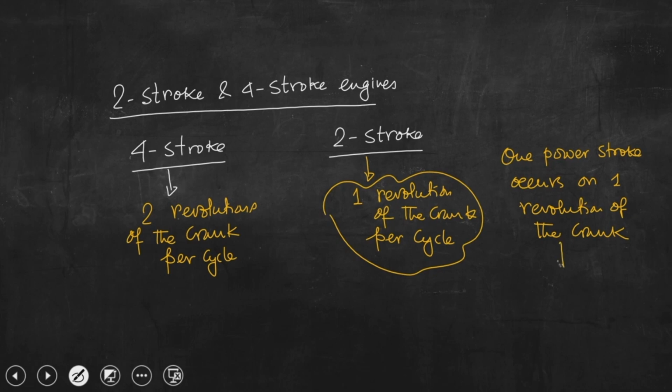That means per revolution 1 power stroke, theoretically 1 revolution half power stroke. So, basically 1 power stroke for 2 revolutions, 1 power stroke for 1 revolution. That means the rate of occurrence of power stroke and consequently the power output theoretically appears to be double for the 2-stroke cycle engines as compared to that of the 4-stroke cycle engines.